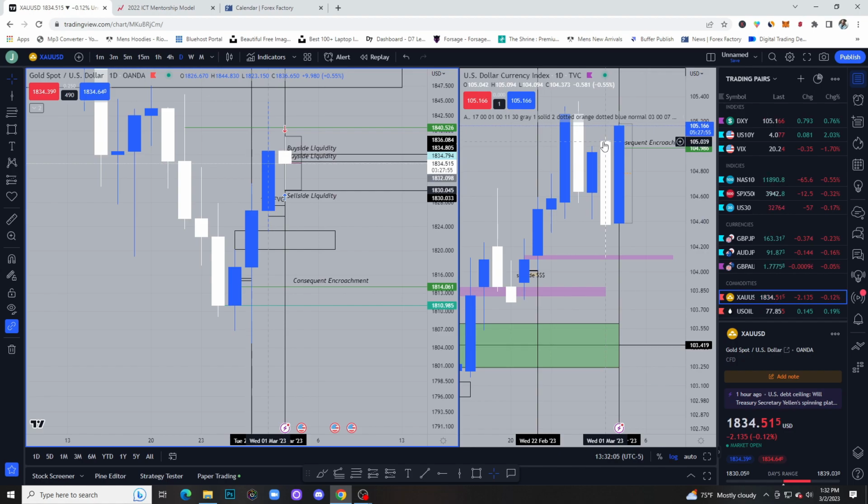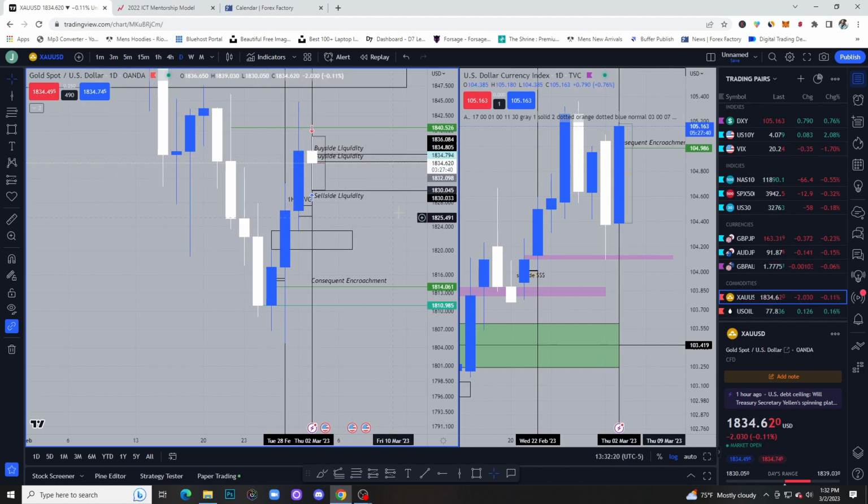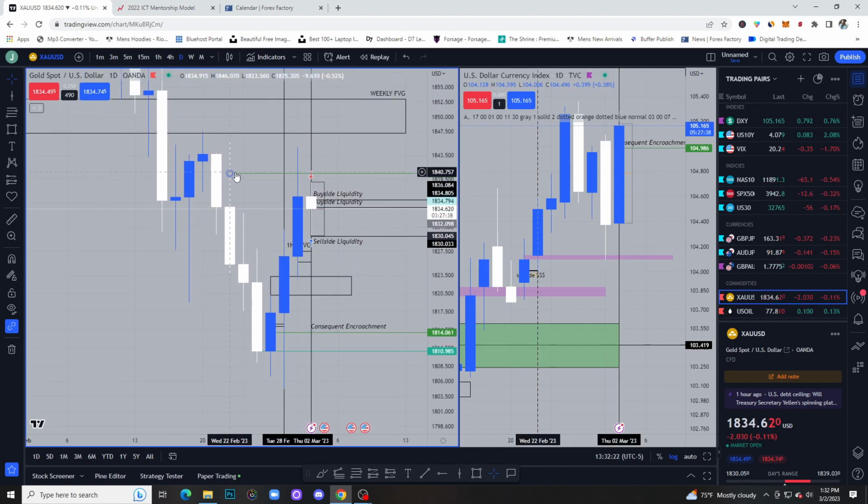So basically yesterday being a bearish day in the market, in order to drive price down into this daily volume imbalance level right here, that resulted in a bullish day on gold yesterday to not only form this fair value gap, but also tap into the consequent encroachment of this daily wick that we had a couple of days ago, last week, right here.